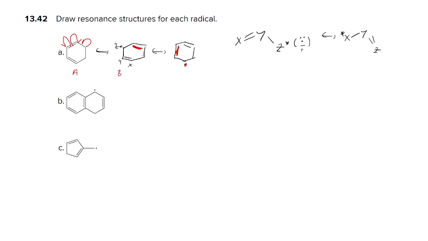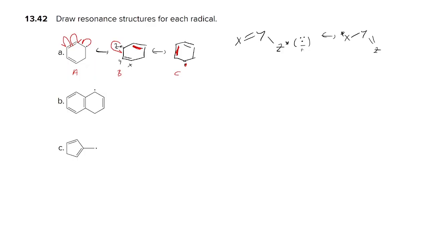So how can we shift from B to C, if we label the resonance forms as A, B, C? Again, it is the same principle. The unpaired electron should move to make the pi bond, and we also need another electron to make the pi bond there.